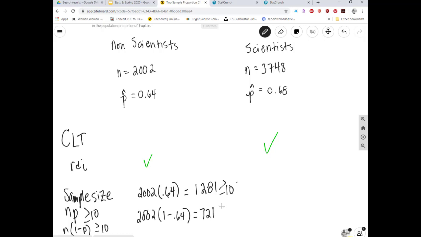Is 721 greater than or equal to 10? It is. This checks out.